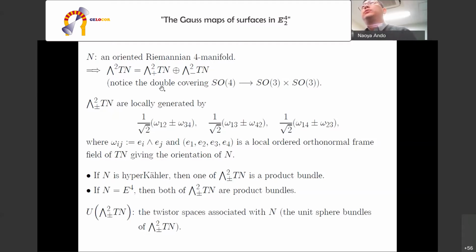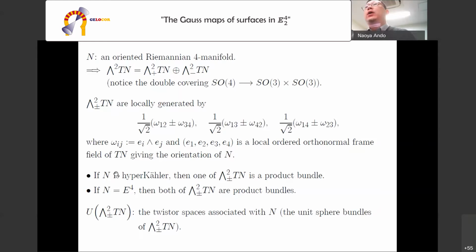We can obtain this bundle decomposition noticing this double covering. These subbundles are locally generated by these sections. Omega_ij is given by e_i wedge e_j, and E1, E2, E3, E4 form a local ordered orthonormal frame field of the tangent bundle TN, giving the orientation of N.